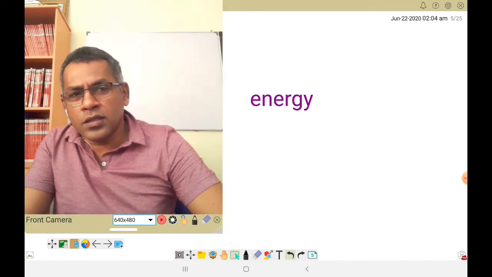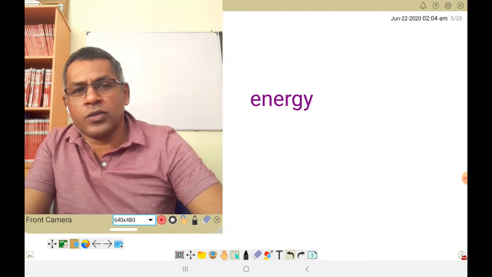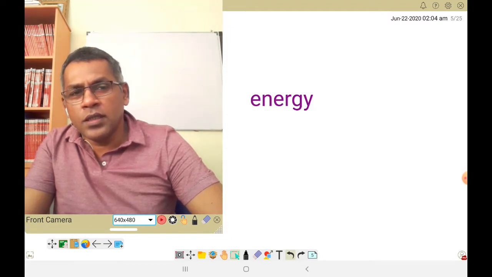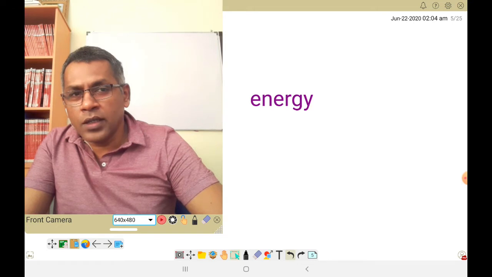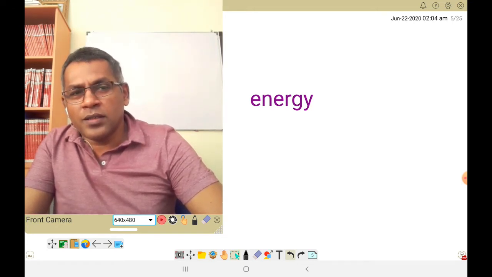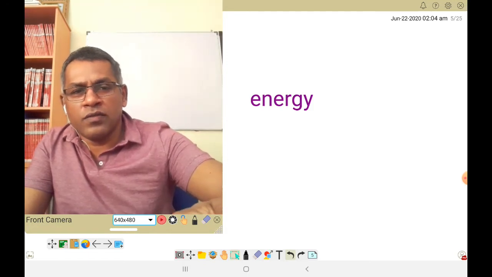Energy, in contrast, does not occupy space and doesn't have a mass, but energy can do some work. Energy can be seen in different forms: light energy, heat energy, and so on. Energy and matter constitute the environment or the world.